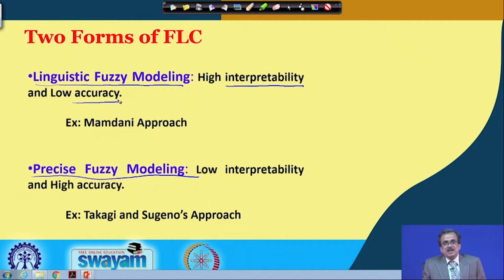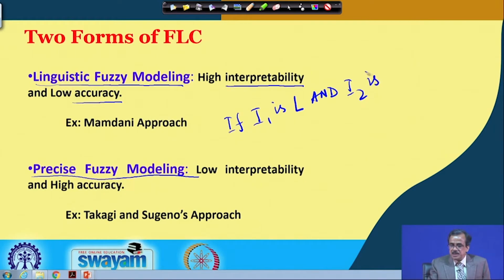Now, let us try to understand what we mean by the interpretability of a rule. Let me write down one hypothetical rule. If I1, that is the first input, is say low, and I2, that is the second input, is medium, then the output O is say high.